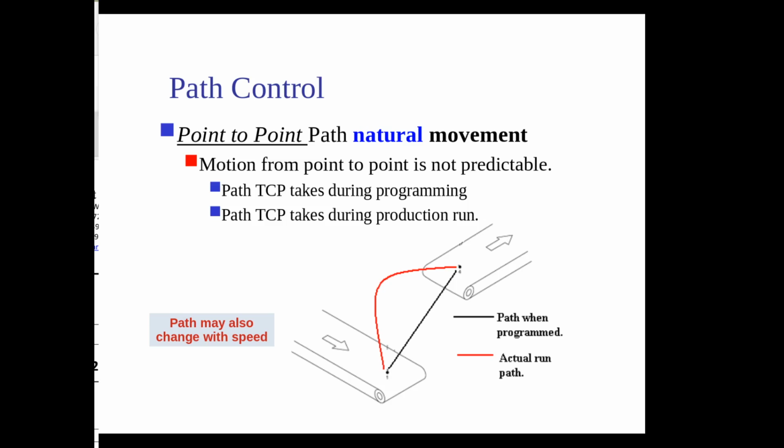It's actually going to move in a much more natural path. The path that it's going to take is illustrated here as the red line, which is not necessarily the shortest distance between the 2 points that it's moving to. Also make a note that if you are changing the speed of the robot, the actual path that it takes may change also.